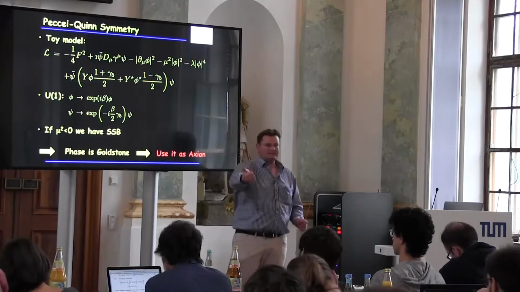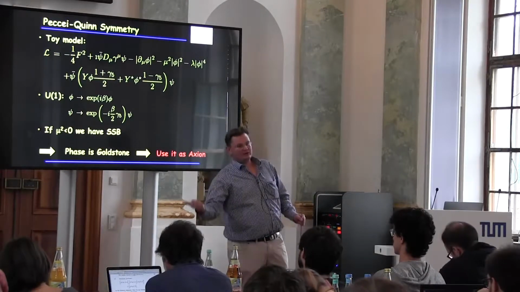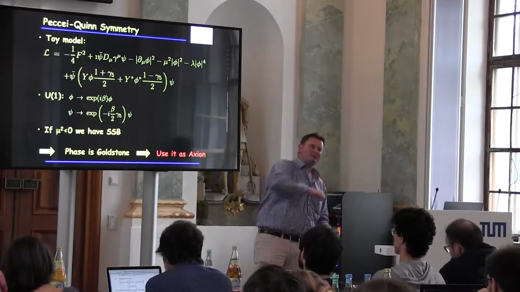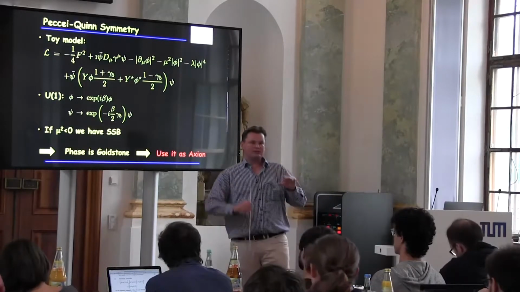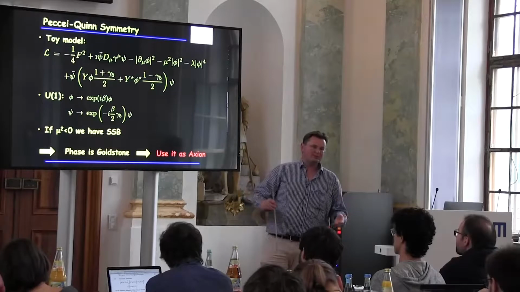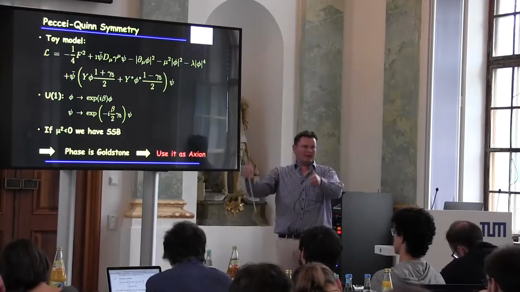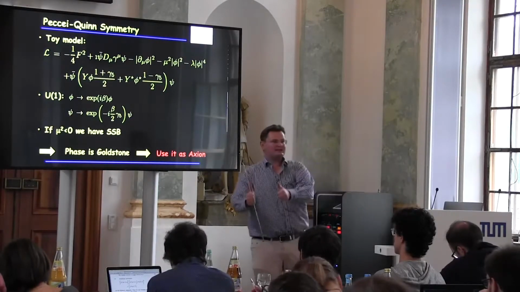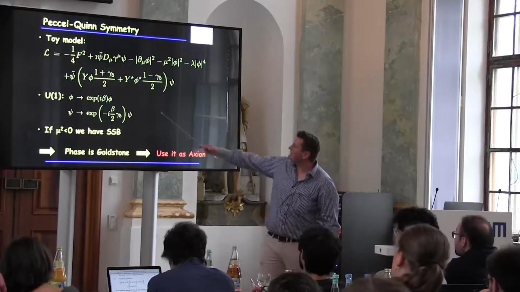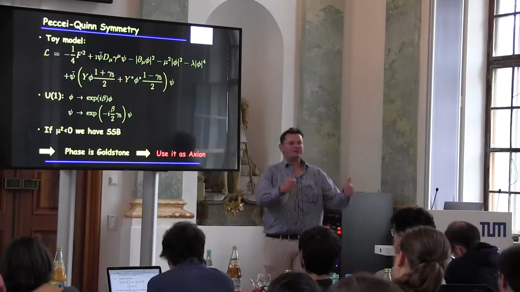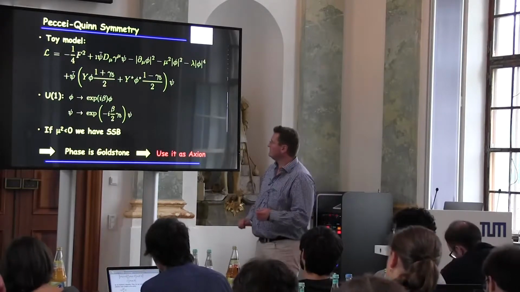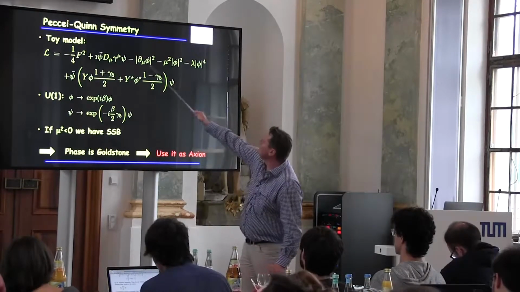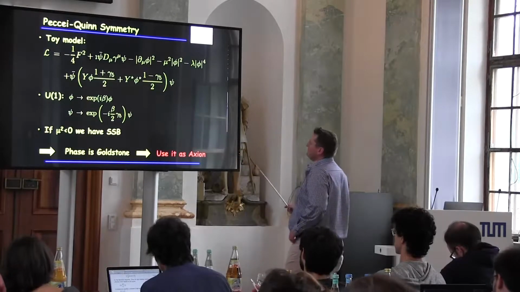So it rotates the left-handed fields in one direction and the right-handed fields in the other direction. That is different from what you would usually call a U1 gauge symmetry like electrodynamics, where left and right are rotated in the same direction. So this is an axial symmetry where left and right are rotated in exactly the opposite direction. This is a global symmetry of this Lagrangian.